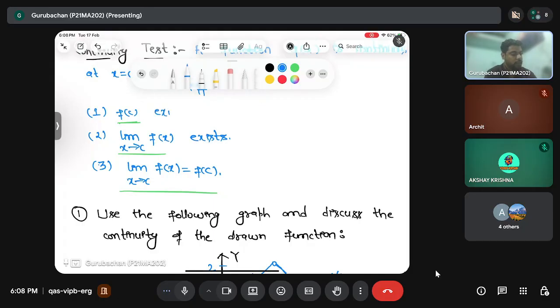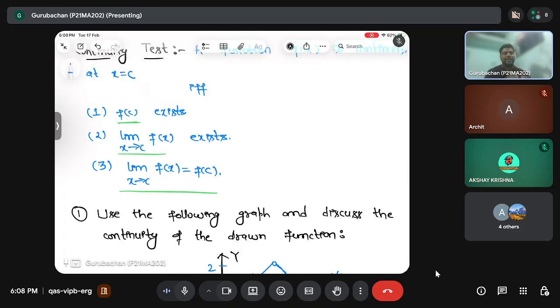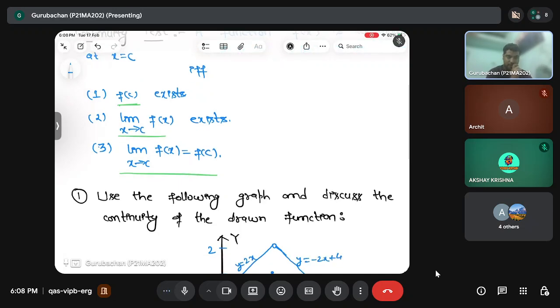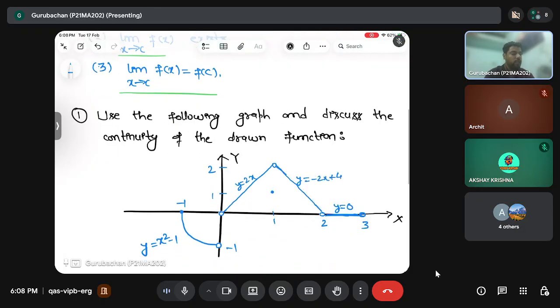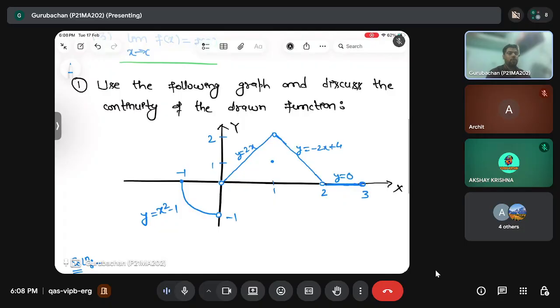So it is if and only if the functional value at that point exists. Secondly, the limit at that point exists, and the last one is the limiting value is equal to the functional value. So you need to check all of these for each point of this function. Try this one.